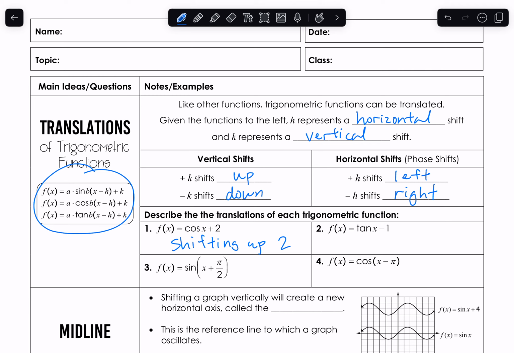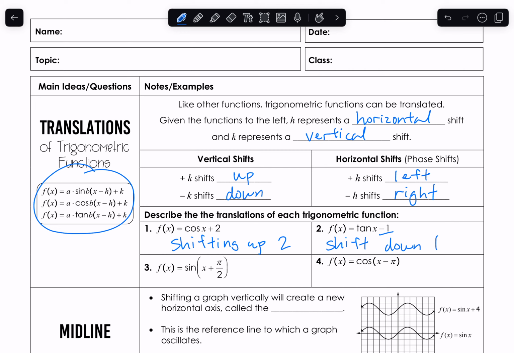This tangent graph, which we haven't talked about yet, we're going to skip in our lesson because I want us to go through those in depth later. They're kind of crazy. I see this -1 right here, so I know that must shift down 1.